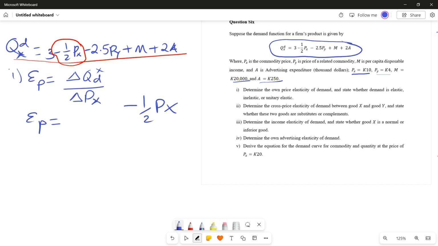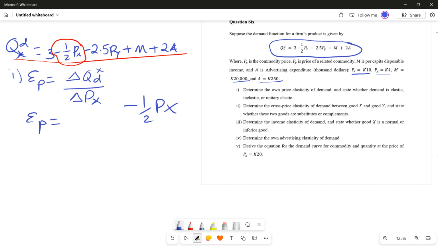In short, we're going to use the concept of partial derivatives. Partial derivatives involve differentiating a given function with respect to the particular variable under consideration while keeping everything else constant. So in this case, we are only going to pay attention to Px and assume that everything else was not there.